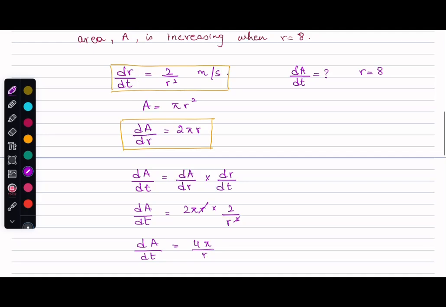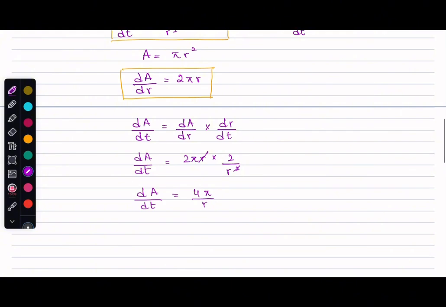According to the question, I need to find this dA by dt when the radius is 8 meters. Therefore, if I substitute the radius as 8 over here, I will get dA by dt equal to 4 pi divided by 8, or I can say this is pi by 2.